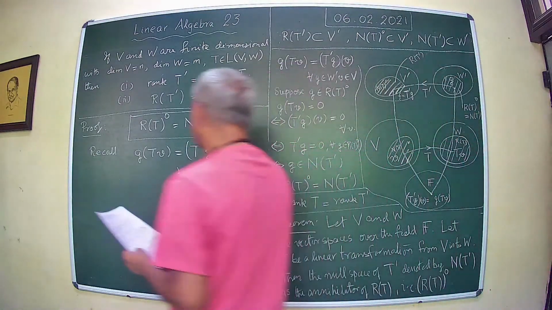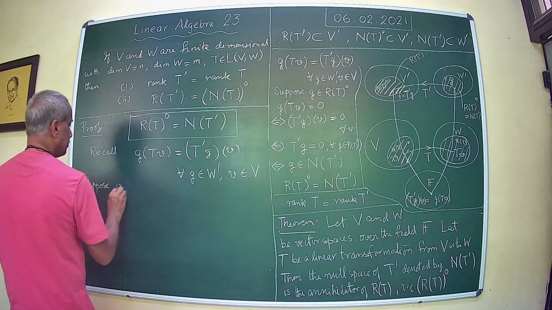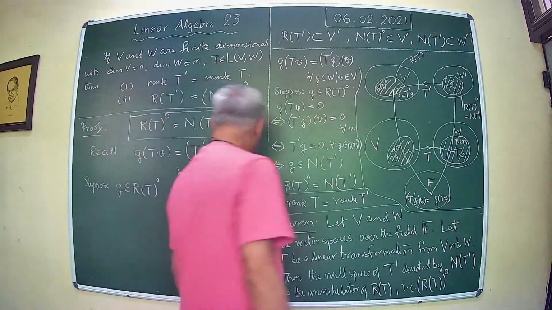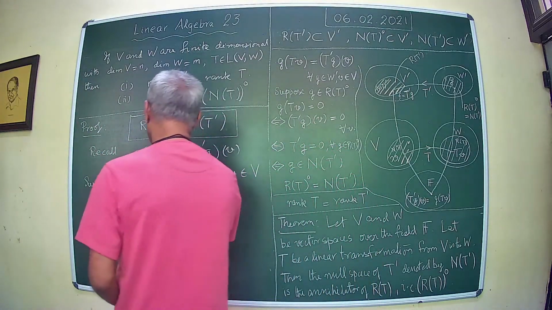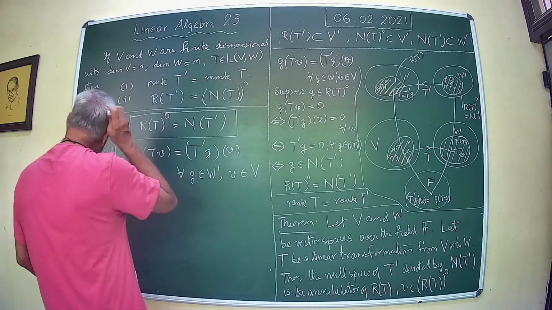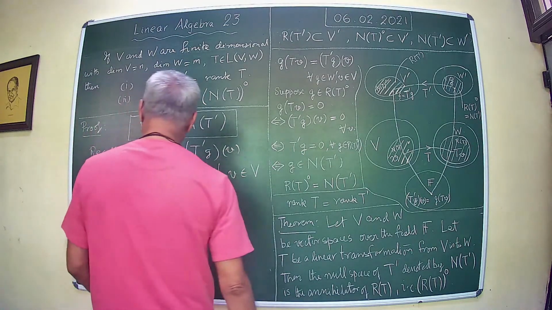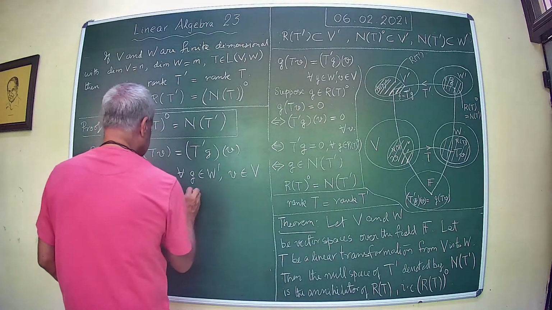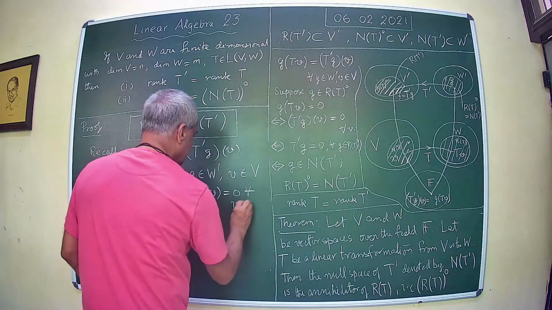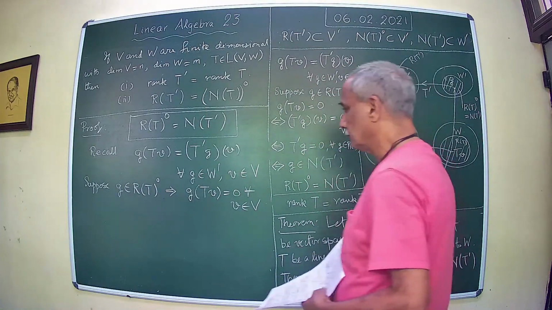Now, suppose g belongs to R(T) naught, that is an annihilator of R(T). Then g of T(v) equals 0 for every v belonging to V. What does that mean?